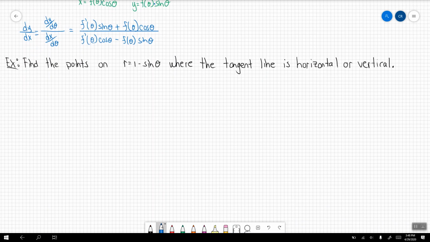And what I'm going to do is I'm going to use this particular equation here. So I'm going to use this dy dx.